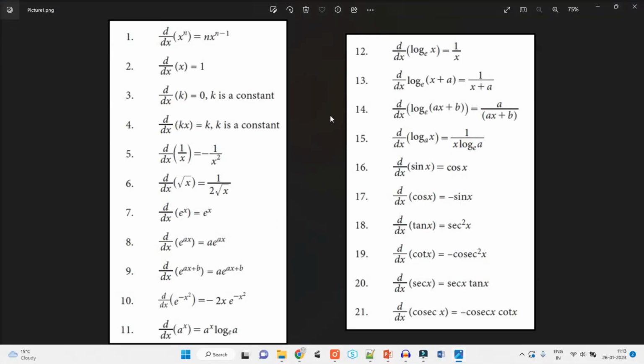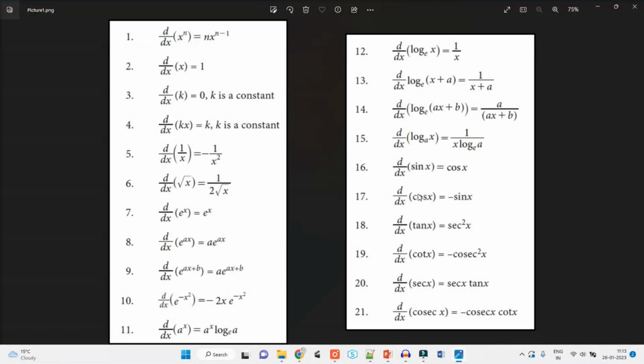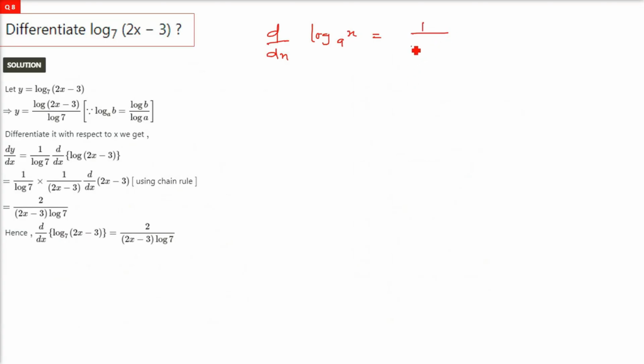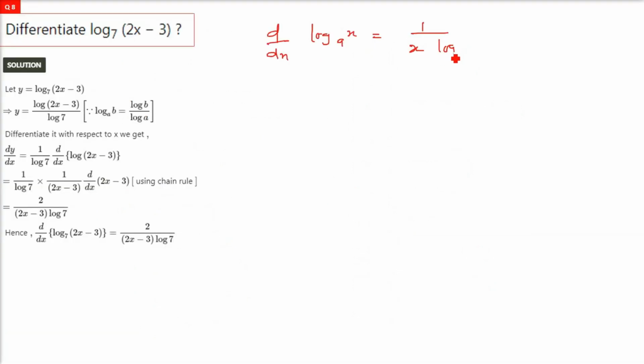This is log base a of x. So d by dx of log base a of x is nothing but 1 by x and then log base e of a in the denominator. You don't have to write base e again and again. It's understood.